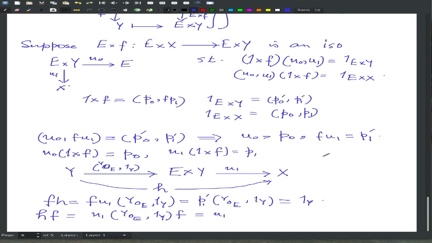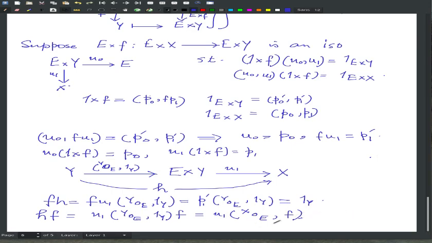So this is the map X to Y and Y to E. So this is going to be, sorry, it's a little bit involved, and this is F. So this is this map.